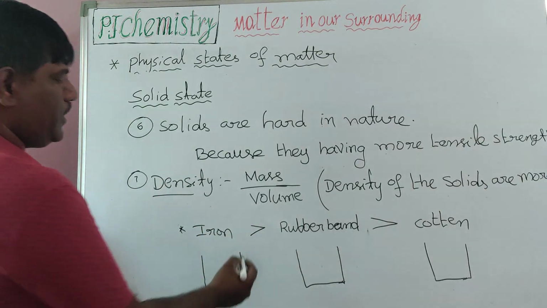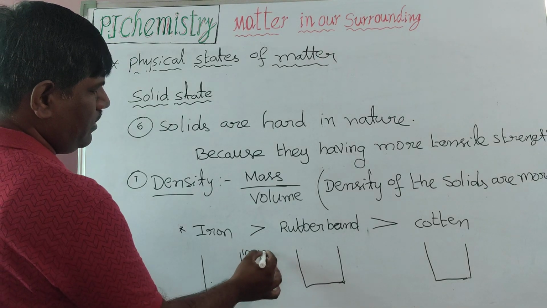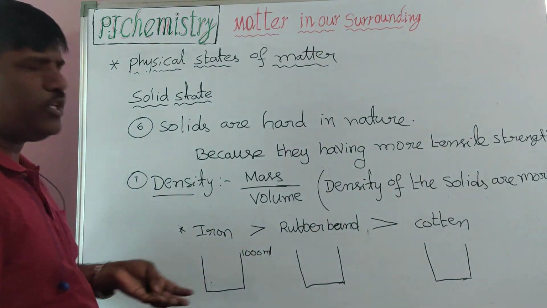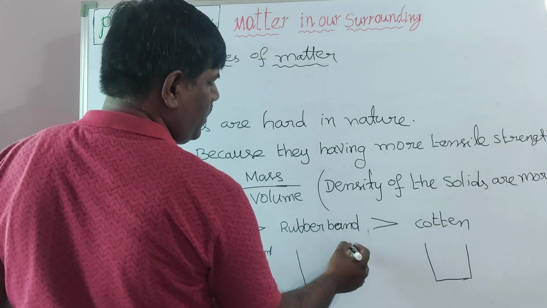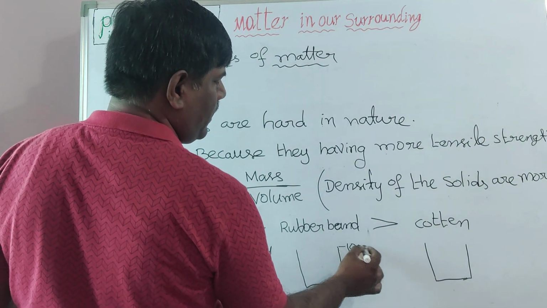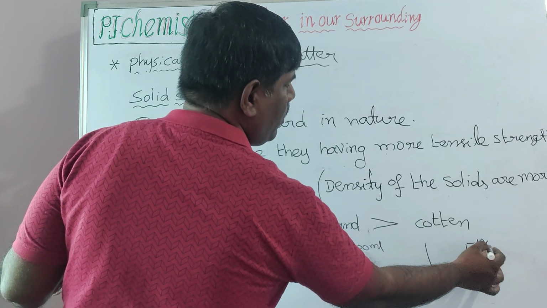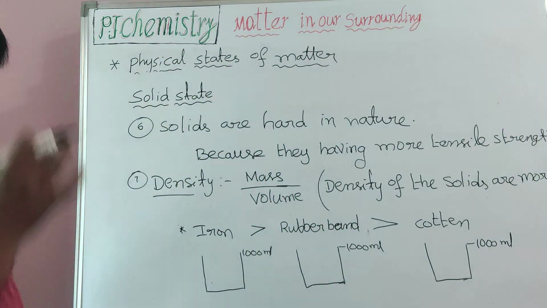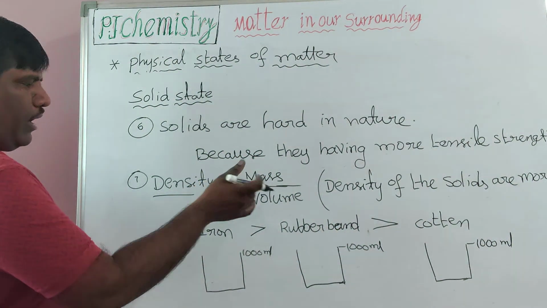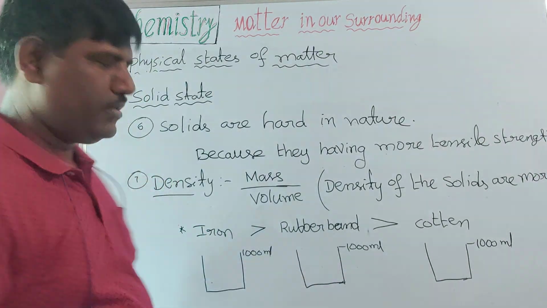Just consider the volume is 1000 cc. cc is cubic centimeters, or milliliters; 1000 milliliters is 1 liter volume. So 1000 ml equal-volume containers. Now, as already discussed, 10 grams of each substance.